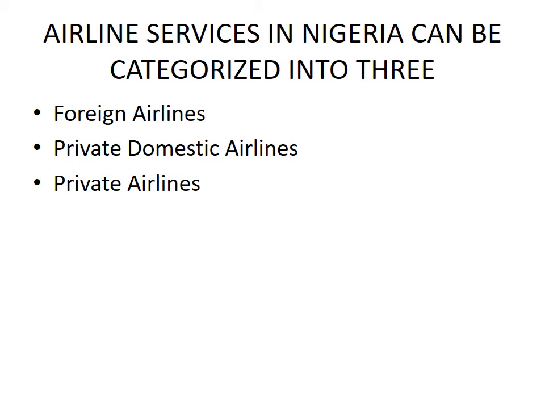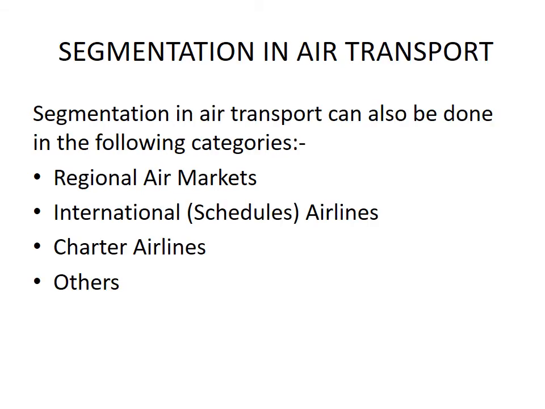Airline services in Nigeria can also be categorized into three. We have foreign airlines, private domestic airlines, and also public airlines. This goes along with the segmentation in air transport, which can be done in the following categories: regional air market, international scheduled airlines, and charter airlines.